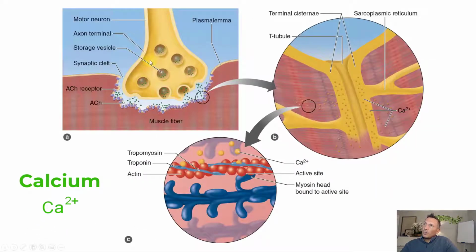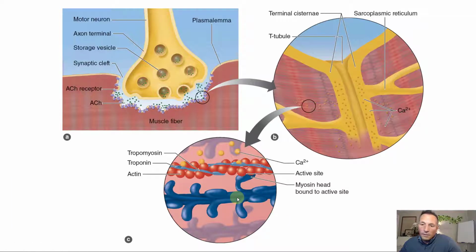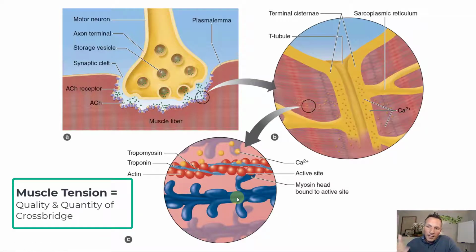That calcium release starts to interact with this actin, myosin, tropomyosin, troponin complex. So these are all the protein filaments involved in the sliding filament theory. We said in different lectures that muscle tension is dependent upon the quality and the quantity of the cross bridges that are formed.